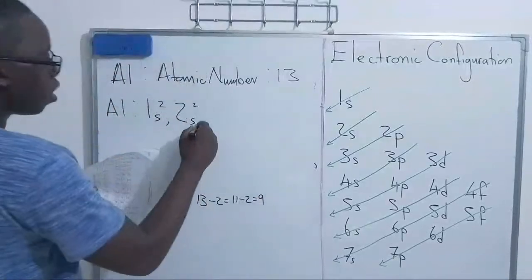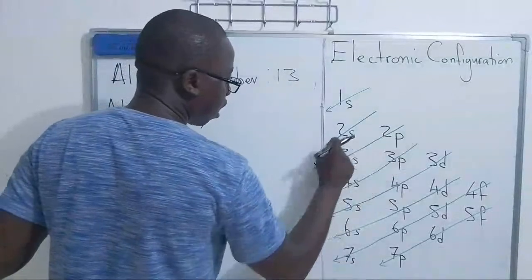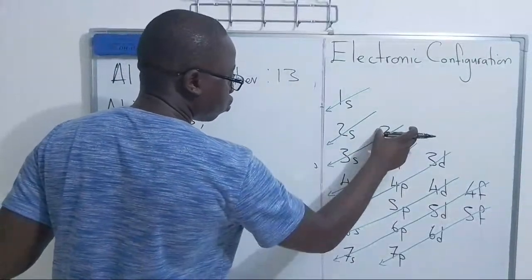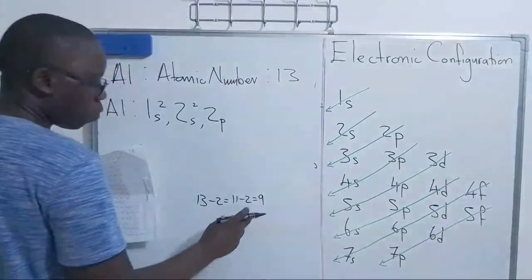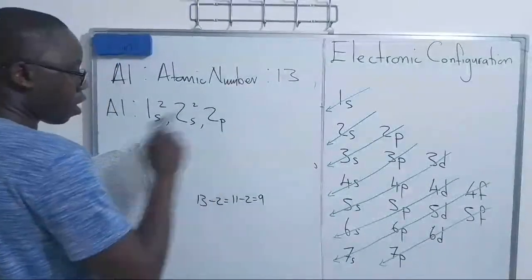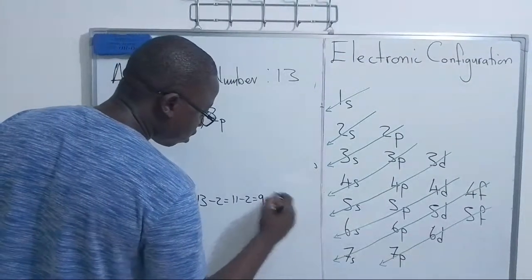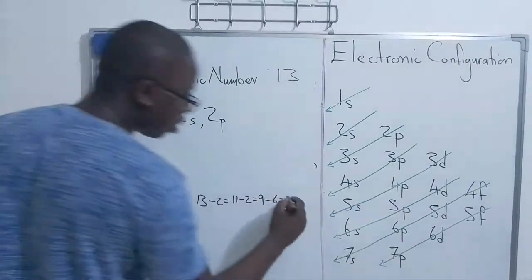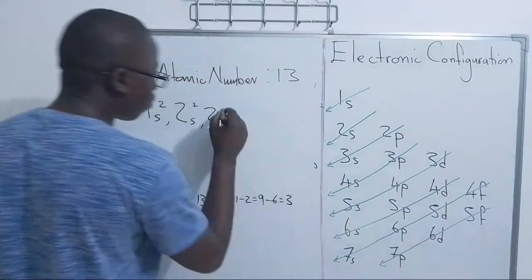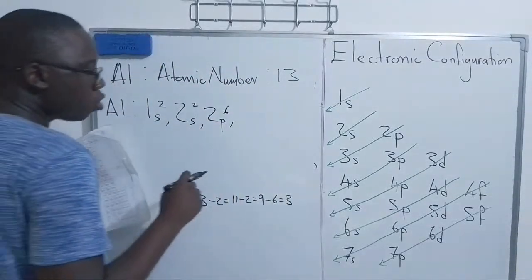After this we come to 2p. The p orbital can have a maximum of 6 electrons. So we put 6 there. After you remove 6 from 9, you are remaining with 3. And then you go to the next one.